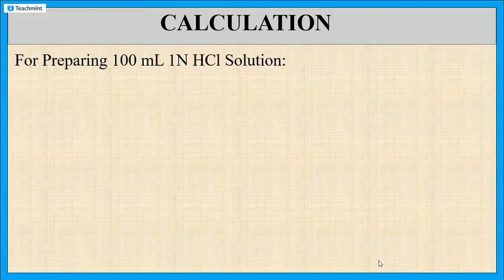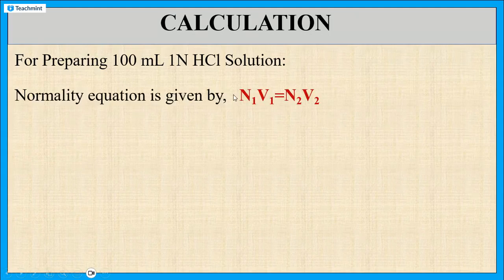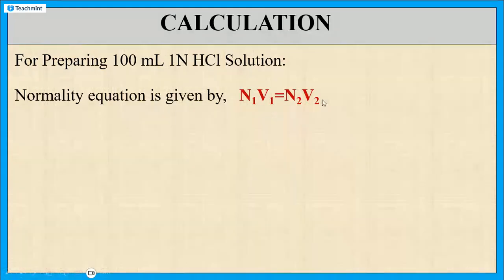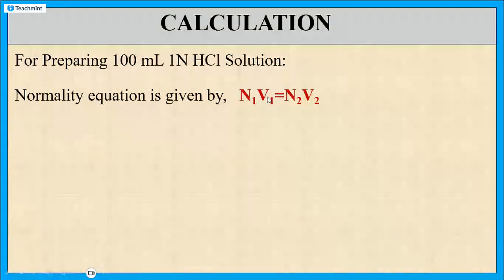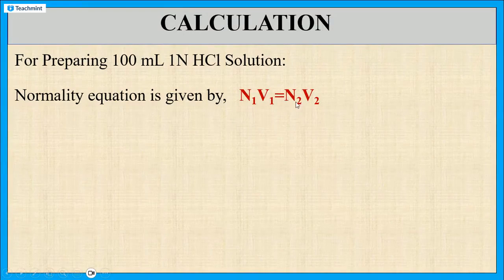Similarly, if we want to prepare 100 ml of one normal HCl solution, for that also we have to use the normality equation, that is N1V1 is equal to N2V2. Here N1 is same, that is 1 normal, and the volume is we want 100 ml. Therefore, the volume V1 value is 100 ml, and N2 value is same, that is 11.96.